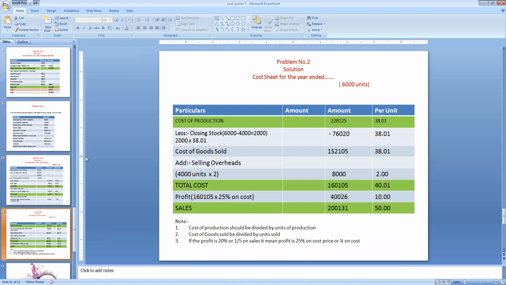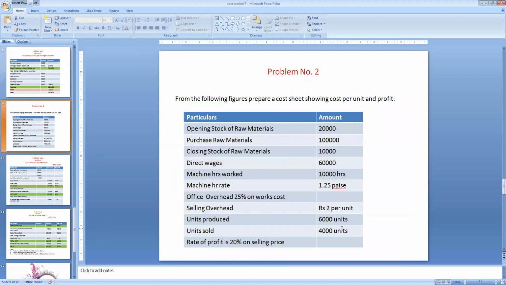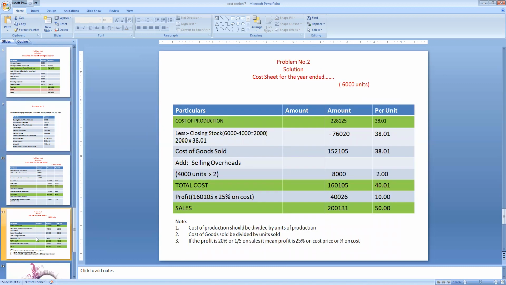When we see this question, we can analyze very clearly that the production of 6,000 units is not entirely sold. The number of units sold is only 4,000, so there will be a closing stock of finished goods. The opening stock of finished goods will be added and the closing stock of finished goods will be deducted from the cost of production.